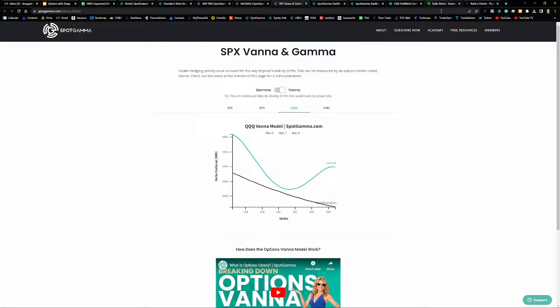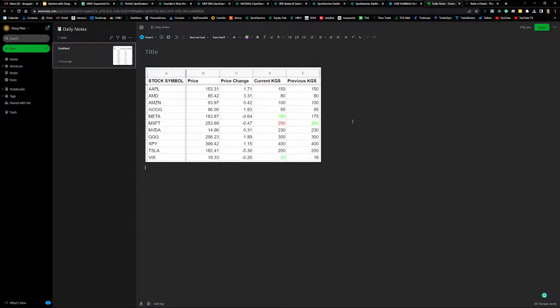All right, then finally, this is my key gamma strike list, and I just do this as a quick reference. Note the changes in the key gamma strike for all the stocks on my watch list. The E column is showing the key gamma strike from the previous day, and then this is the current key gamma strike for today.